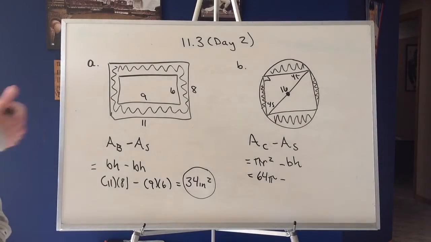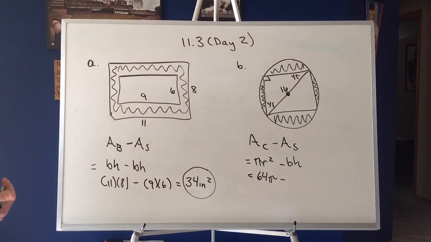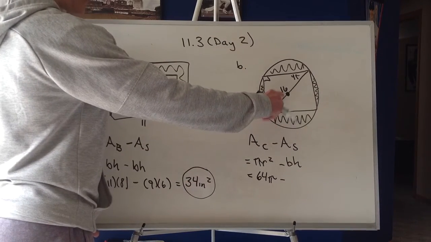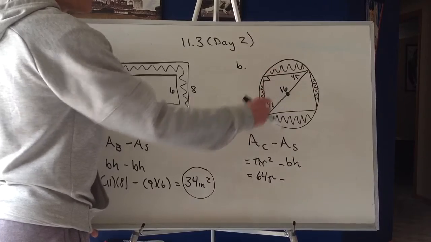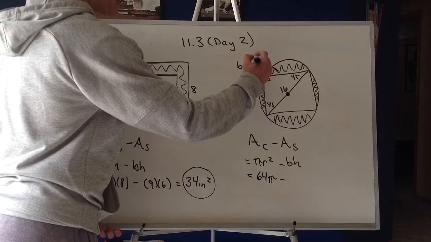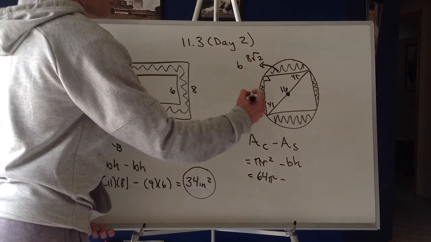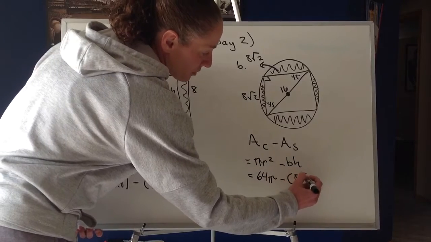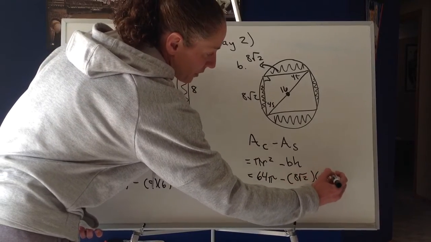So we can use those 45, 45, 90 patterns to help us find the base and the height. The nice thing is they'll be the same because it is a square. This is my hypotenuse, so I would divide by the square root of 2 to get these two sides. 16 divided by square root of 2, simplified, will give you 8 square root of 2 for both of these. So that means I'm going to have 8 square root of 2 times 8 square root of 2.